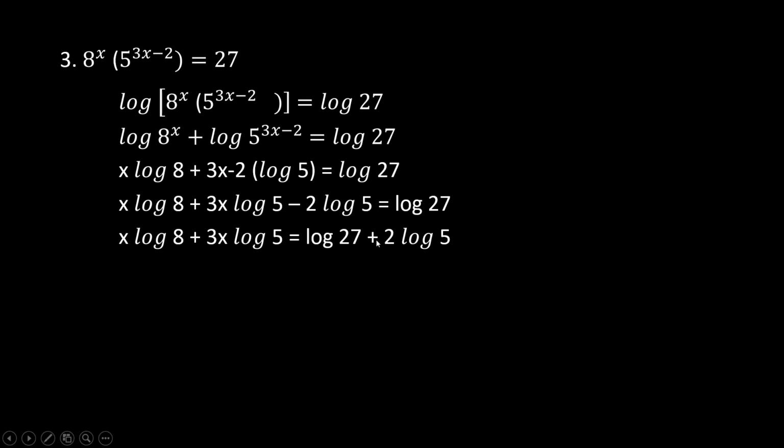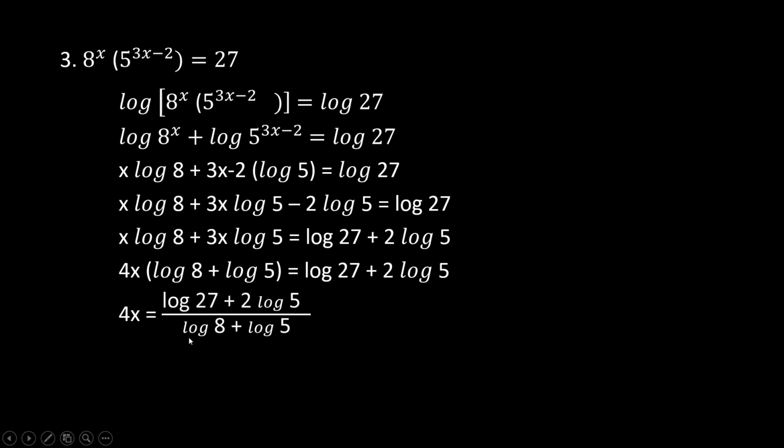Then grouping like terms, we transpose this term to the other side, then simplifying, adding these two terms since they have the same coefficient of x, then it is equal to 4x times log of 8 plus log of 5 is equal to log of 27 plus 2 log of 5.